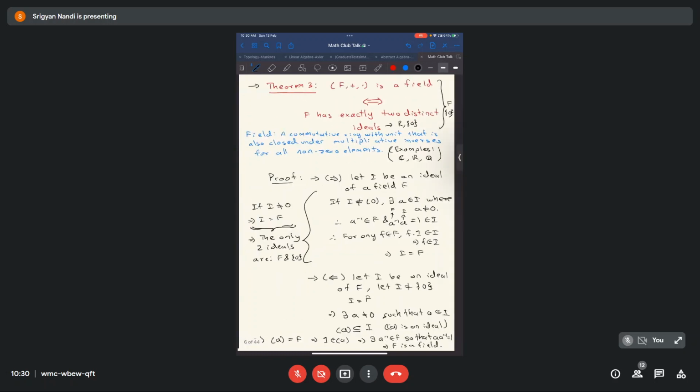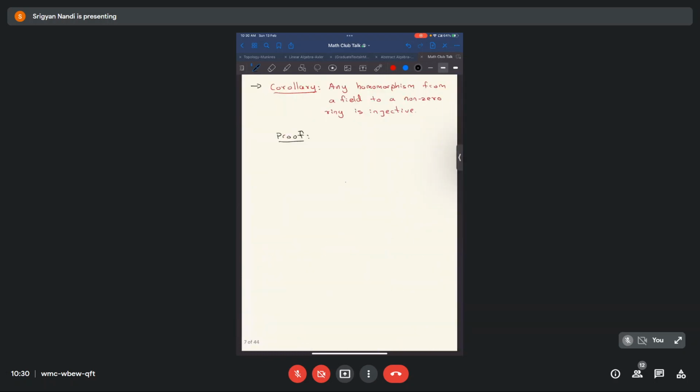So now we prove a trivial corollary of the theorem just proved, which is again a strong corollary in its own right. That is, any homomorphism from a field to a non-zero ring is injective. And we start by assuming the existence of a homomorphism phi. So let phi be a homomorphism from a field to a non-zero ring.